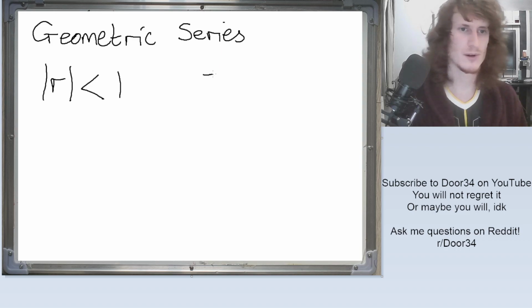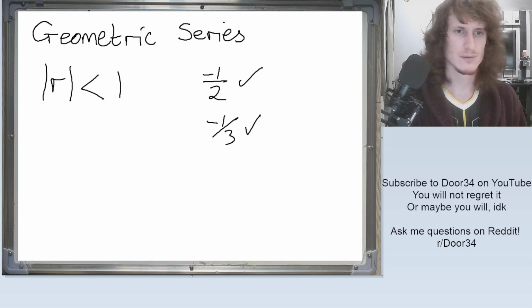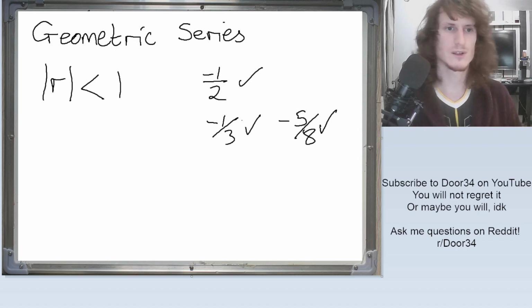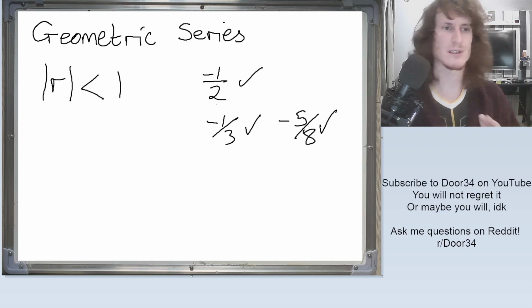So this formula will work for minus a half, it'll work for minus a third, minus 5/8. This will also work, as long as the magnitude, so that's the absolute value, so if we just forget about this negative sign, we don't care about that. All we care about is that its size is less than 1.